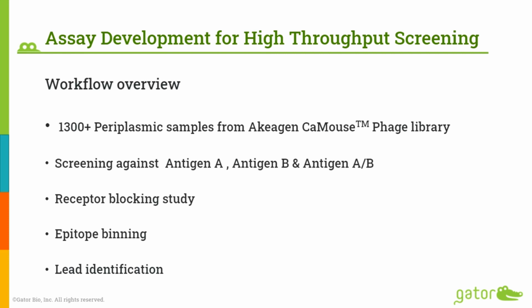On top of that, for all these 1,000-plus samples, can we show him the receptor blocking, how does it work? And after we find the receptor blocking information, can we do epitope binning against a biosimilar?